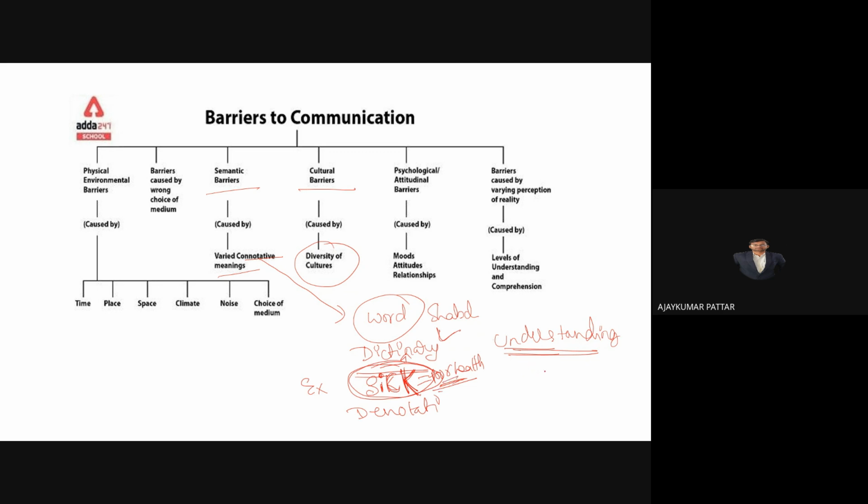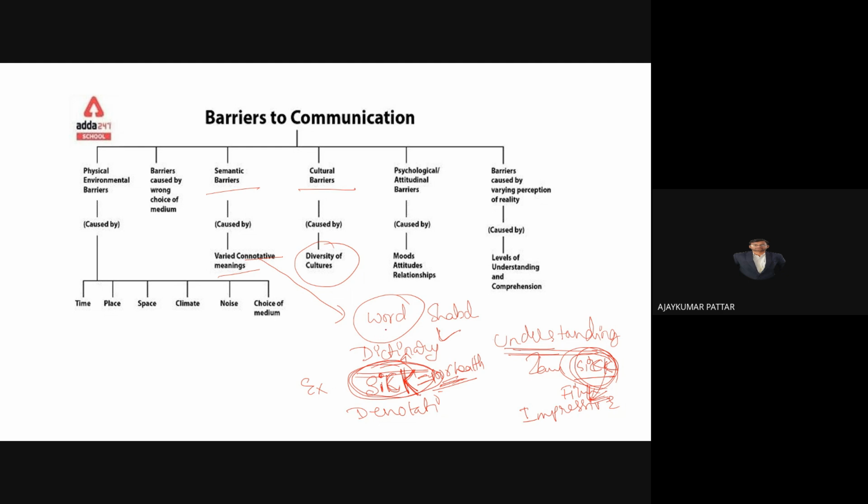But sometimes you use that word in a different manner: I am sick of that film. Here I am using the word sick in the meaning of impressive or exciting. I am sick for that person. Here sick means I am impressed or excited by that person or that film. But the actual dictionary meaning of sick is poor health.